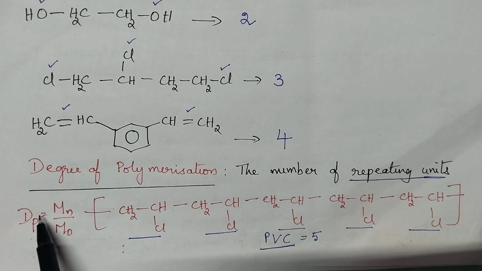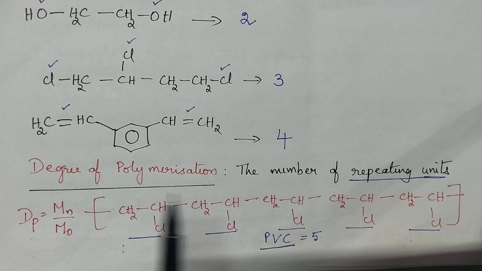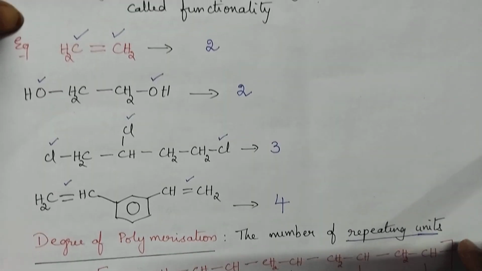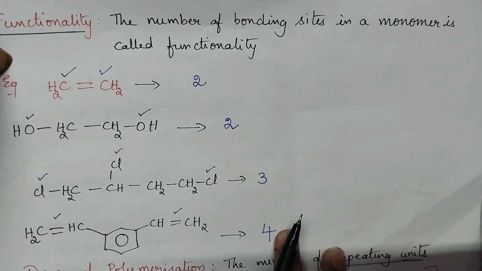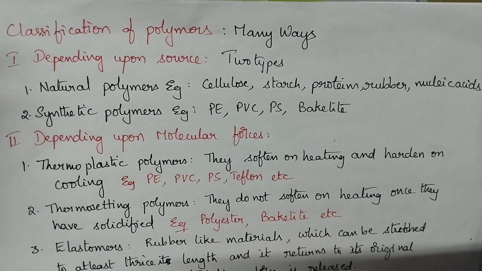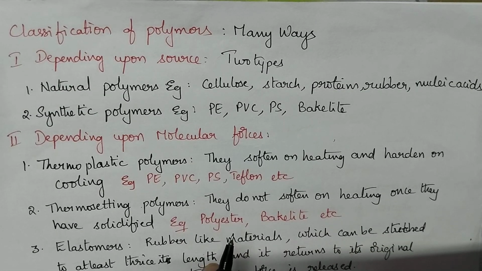So degree of polymerization is equal to the molecular weight of the polymer divided by the molecular weight of the monomer. Is it clear about the degree of polymerization? So degree of polymerization means the number of repeating units present in a polymer.